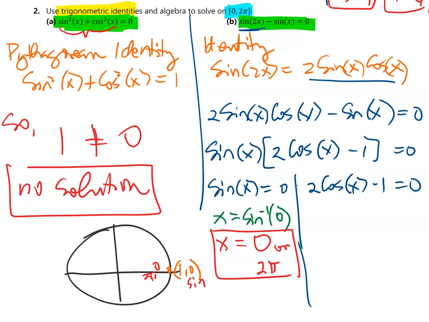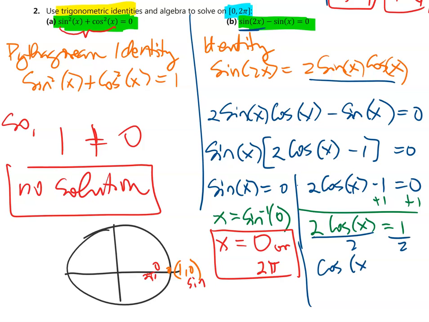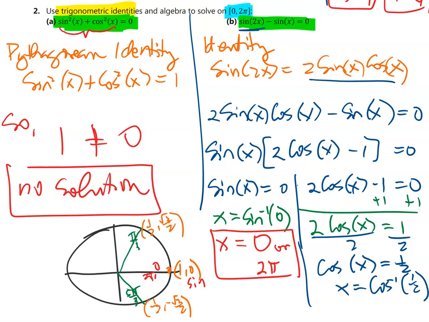Okay, the other one, 2 cosine x minus 1 is equal to 0, add 1 both sides. So 2 cosine of x is equal to 1. Then divide by 2. So cosine of x is equal to 1/2. And then inverse cosine. And in a unit circle, cosine of pi over 3 is 1/2.